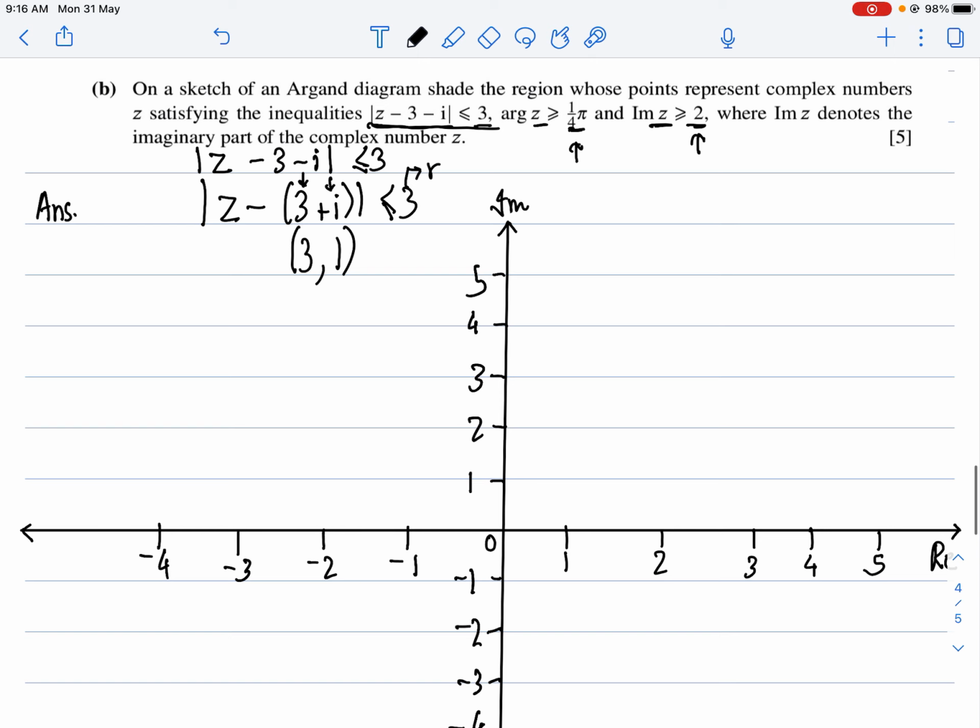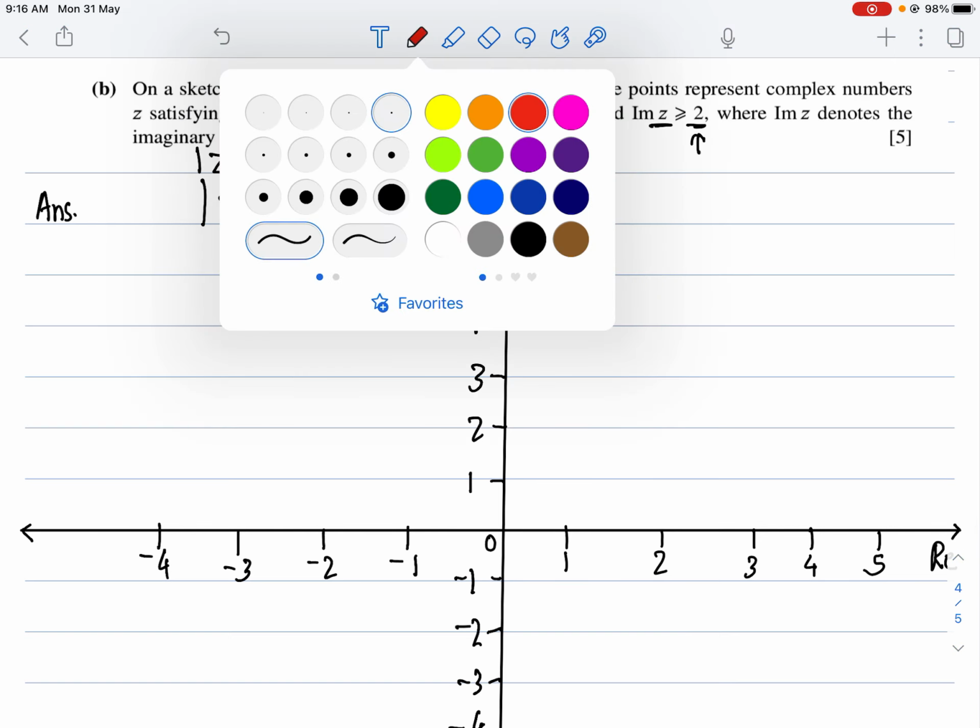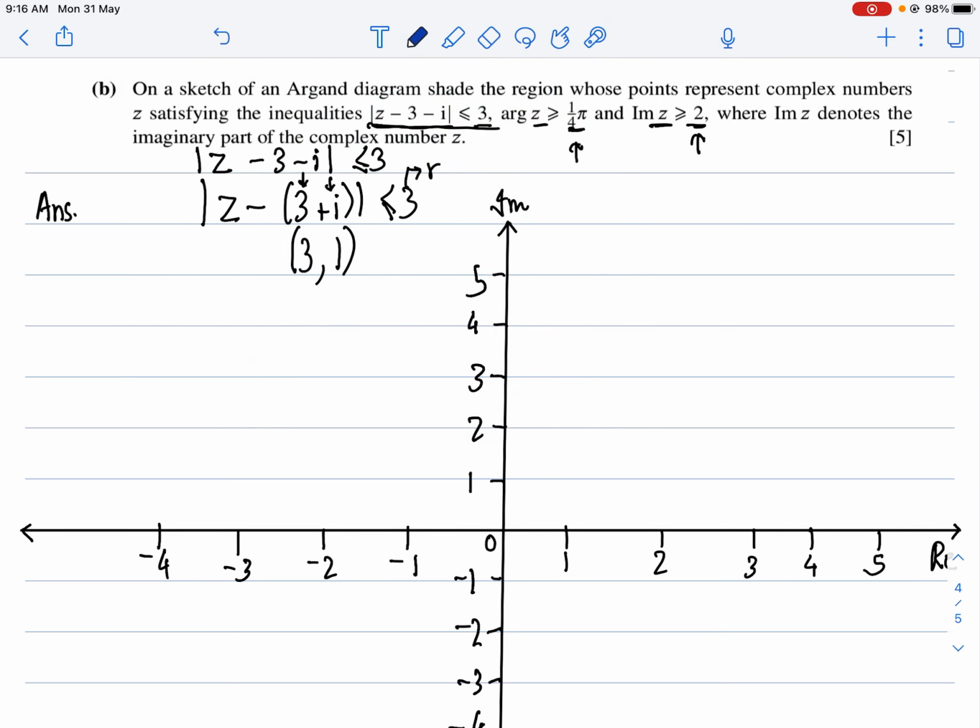So now first let us focus on the circle, which let's say is denoted by the blue pencil. So 3 comma 1 is my center, and 3 comma 1 I know lies somewhere here. My radius is 3.